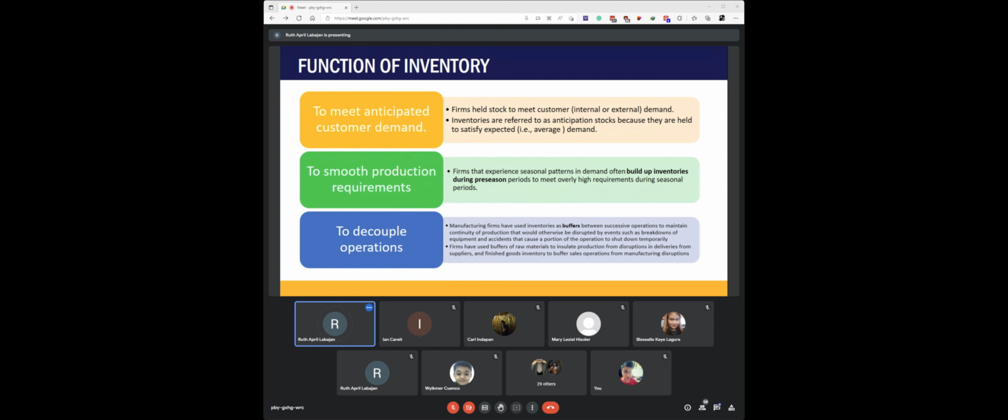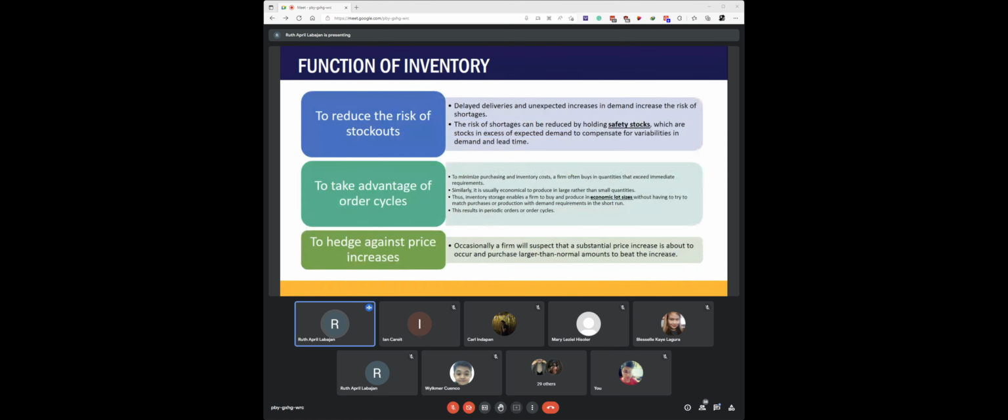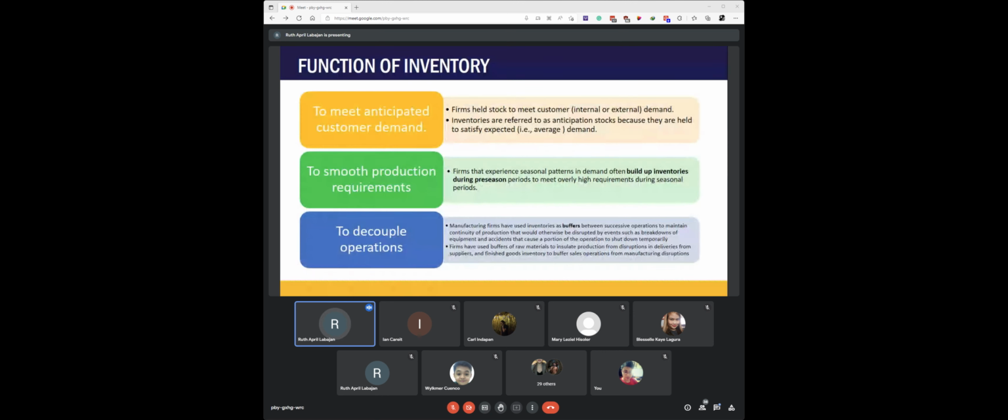That bag of flour is being held in inventory in the grocery store so that when a customer needs it, the grocery store can give it to the customer, and that is what you call the demand of the customer. And when we say internal, internal customers are your customers within the company.